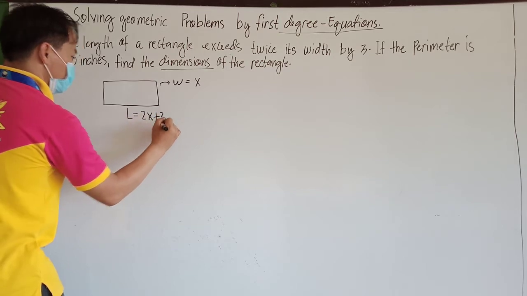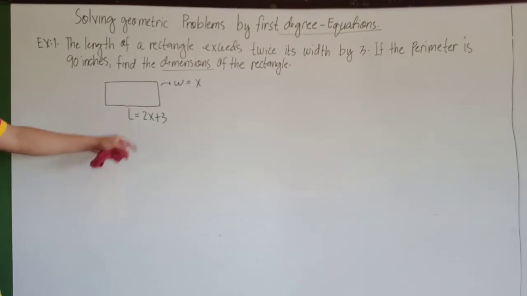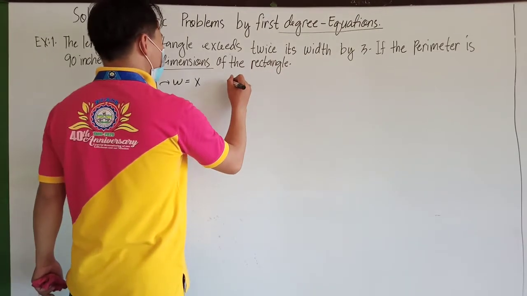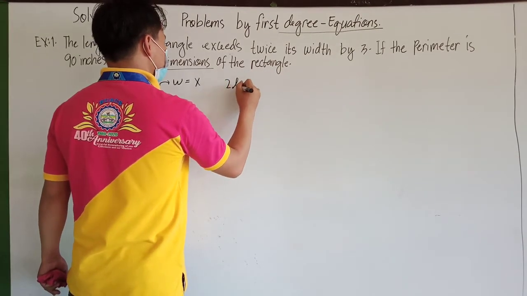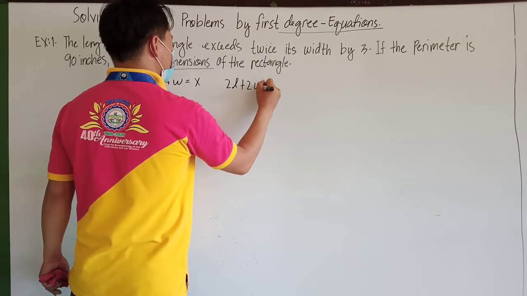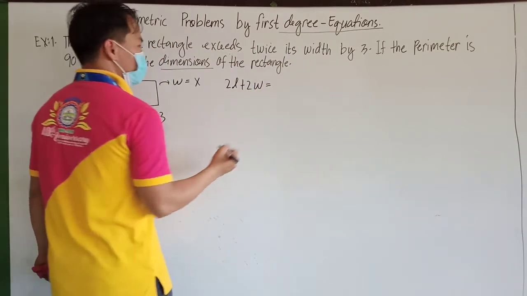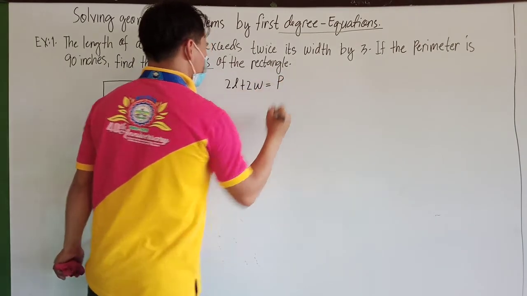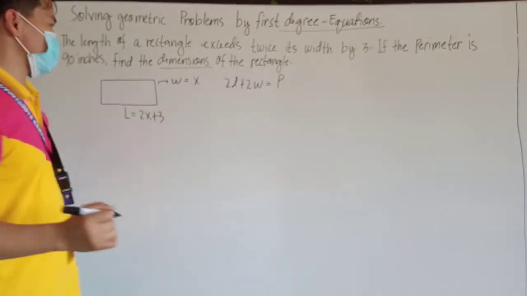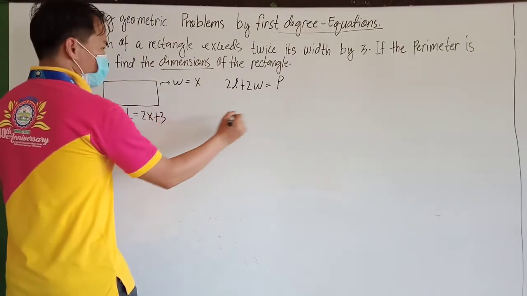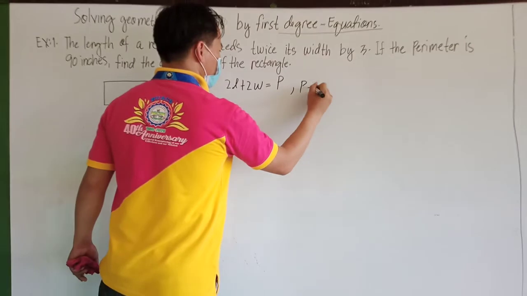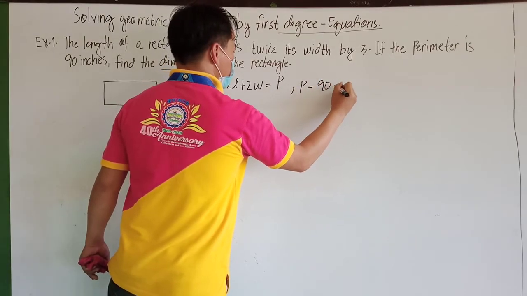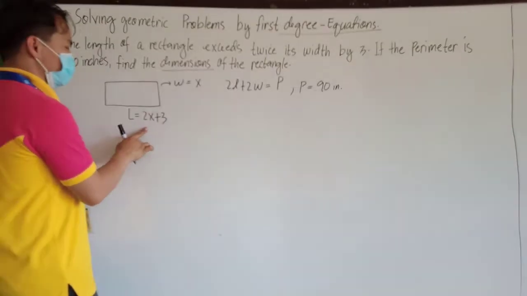So 2x plus 3. At this point, we can now use the formula of the perimeter: 2 times length plus 2 times W is equal to the perimeter, provided that our P in the problem is 19 inches. Our L is 2x plus 3.